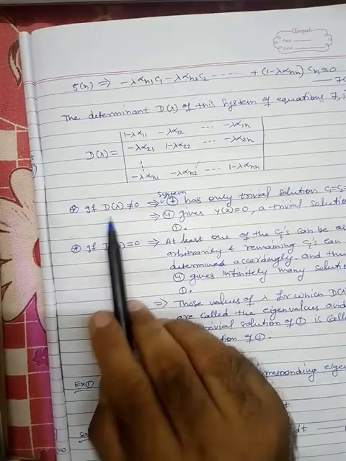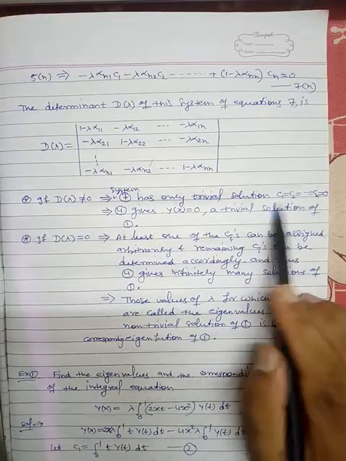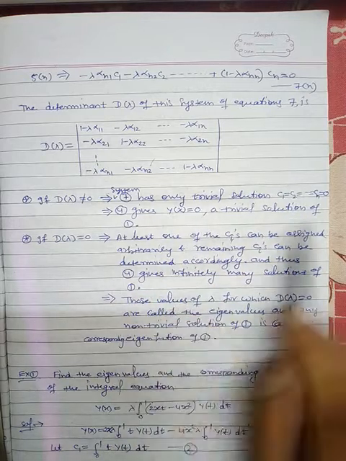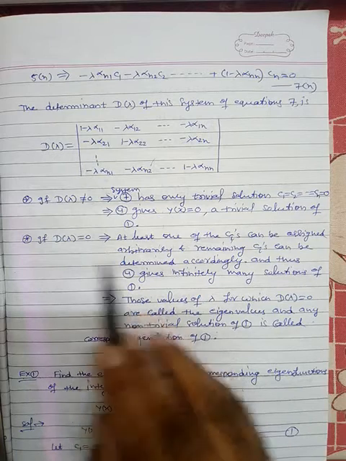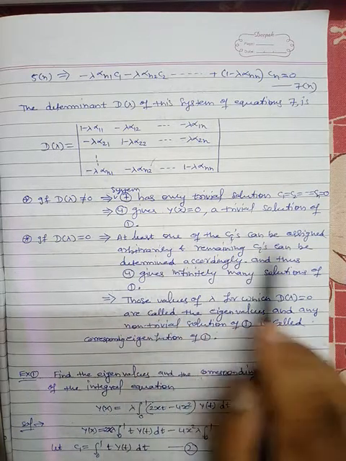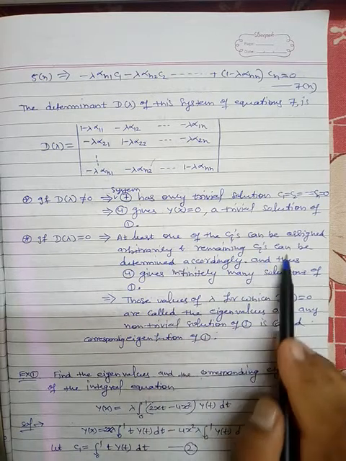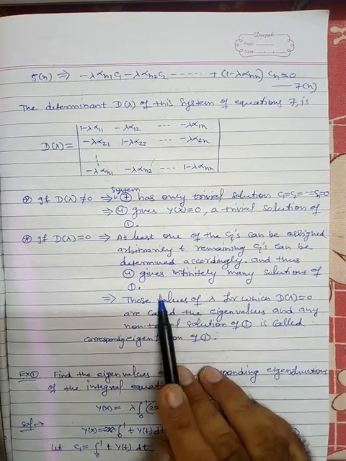So that's why when D lambda is non-zero, we have a trivial solution, trivial meaning C1, C2, Cn are 0 and ultimately y(x) is 0, and this is not our interest. Our interest is in a non-zero solution. So that's why D lambda should be 0. That means at least one of the Ci's can be assigned an arbitrary value and then the remaining Ci's can be determined accordingly, and thus we get infinitely many solutions.